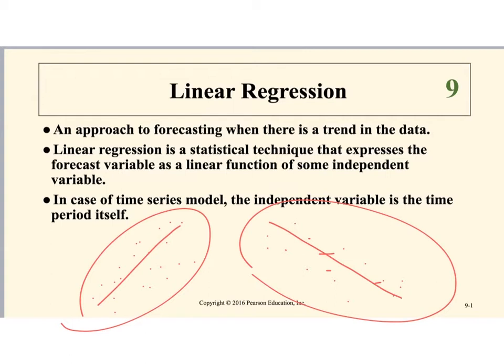In cases like this, we use a statistical technique called linear regression. It's an approach to forecasting when there is a trend in the data. It expresses the forecast variable as a linear function of an independent variable. So, when you have a time series, what's your independent variable?